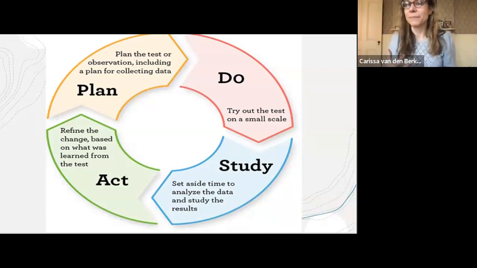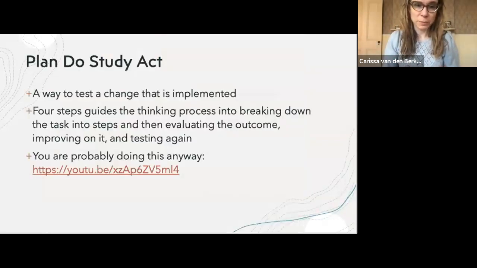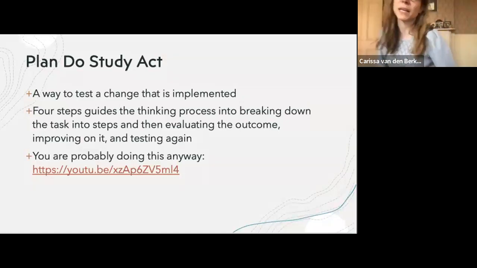This is essentially very broad. What does planning necessarily look like? What does the do look like? What does the studying look like? What does the act look like? This is a lot of what implementation science focuses on. So Plan, Do, Study, Act was established as a way of testing a change that is being implemented.